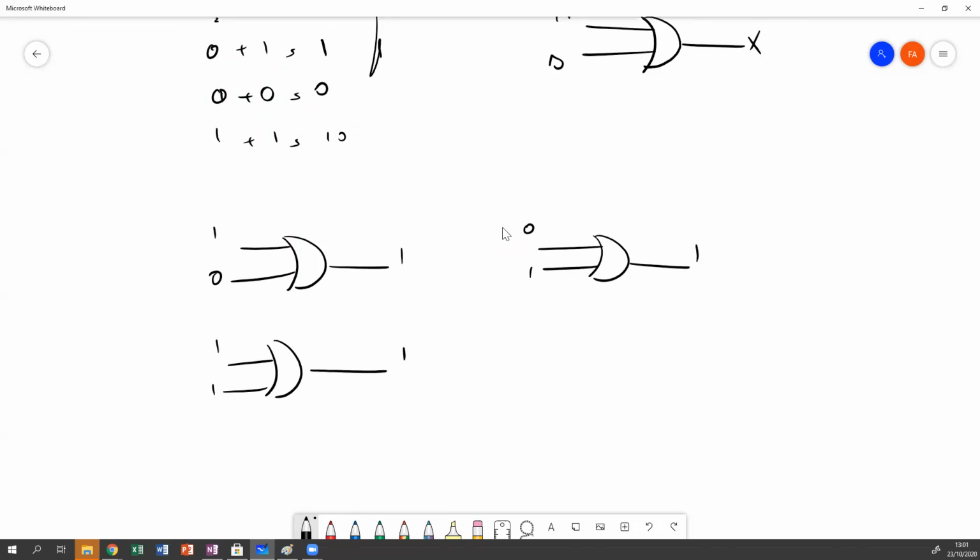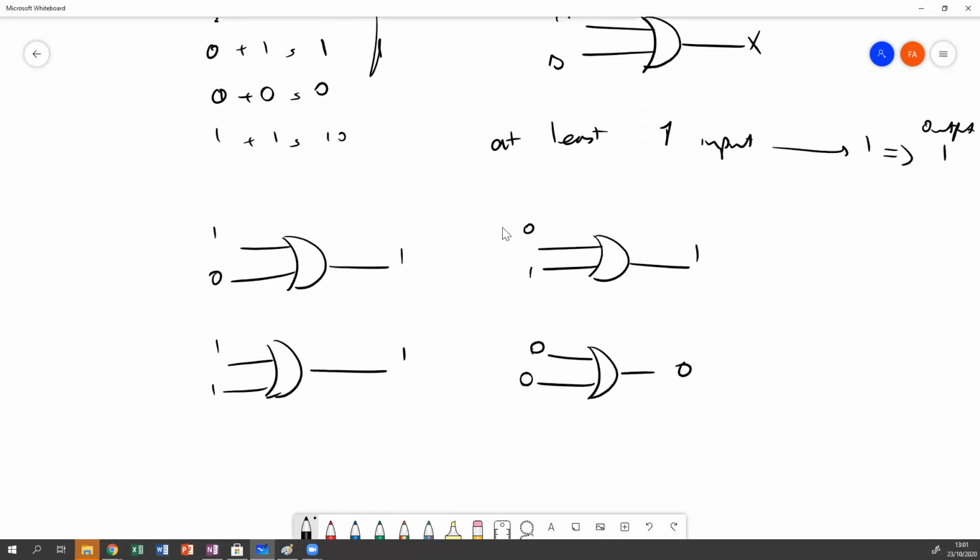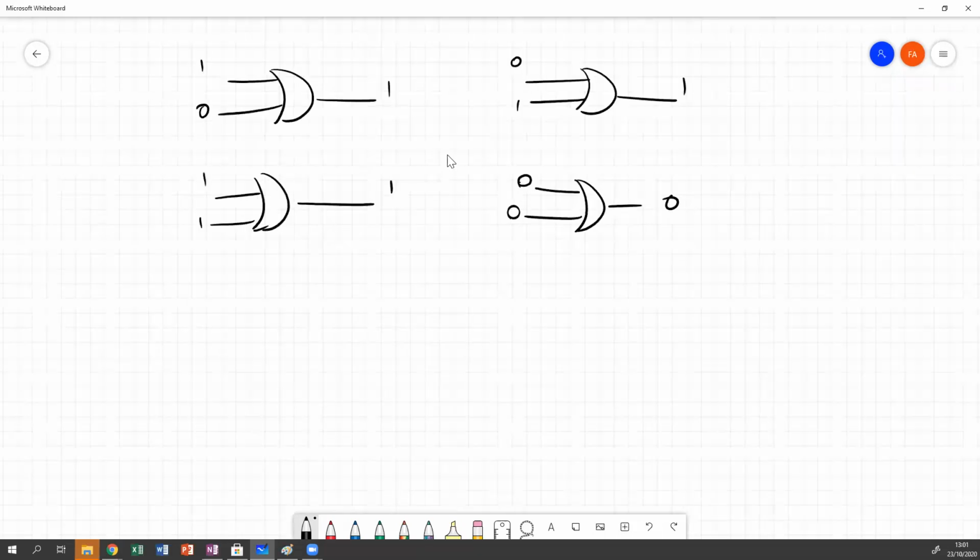At least one of the inputs for the OR gate should be 1, then the output is 1. When both of them are 1, we get 1. I told you it's similar to addition, not 100% right. When both of them are 0, we get 0. So this is the OR gate.